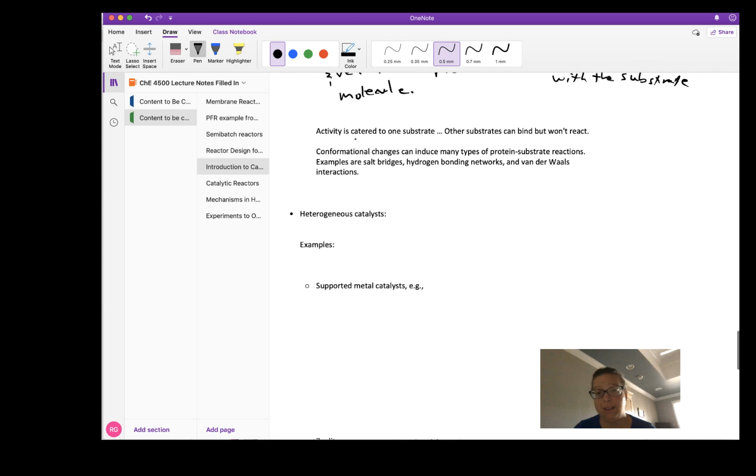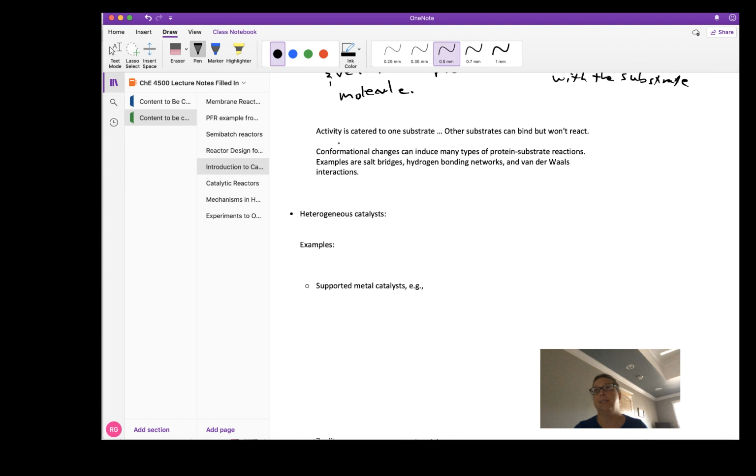So that's why the activity is often catered to just one substrate. Maybe other substrates can bind there, but not all of the processes happen that cause it to react. So maybe another species can bind, but it doesn't react, or it doesn't cause the protein structure to put the amino acids into proximity. Maybe it does, but maybe it gets trapped there. Maybe they don't leave.